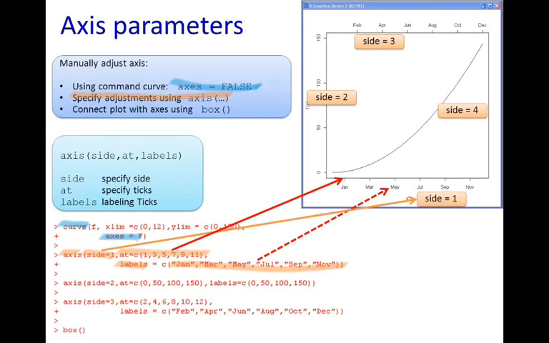You can do the same with the next axis, specify where you want what labels. And then you have the third axis, specify at what positions you want to have what labels.